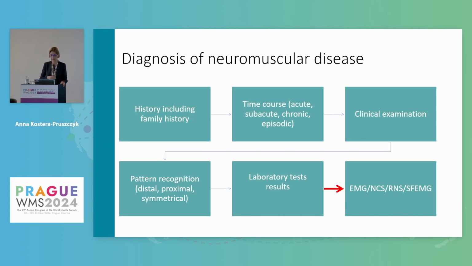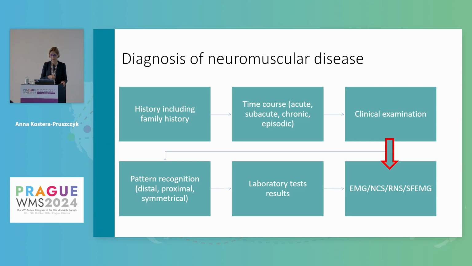The classical pathway will be, of course, a very careful history, including family history and time course, more for acute and subacute than for very long-term patterns of disease development, then clinical examination and pattern recognition: distal, proximal, symmetrical, focal, some laboratory tests that our patients may already have done before they came to our office, and then some modality of electrophysiological exam that will depend on our primary diagnosis.